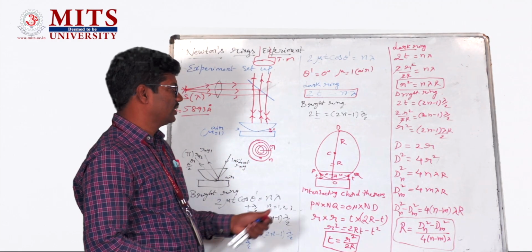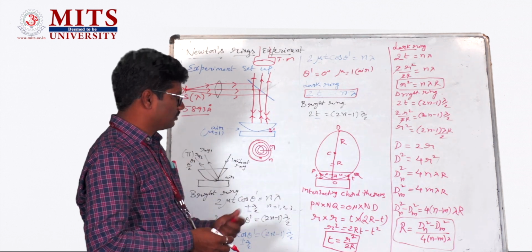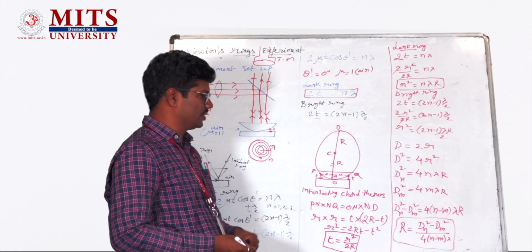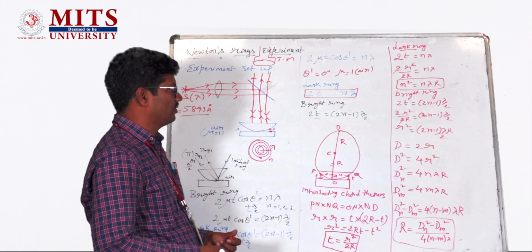This is one part of Newton's rings. Suppose it is asked to find the wavelength of light used.